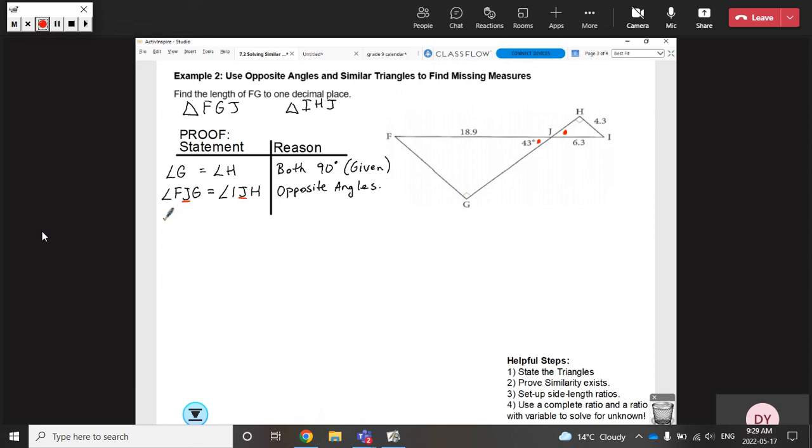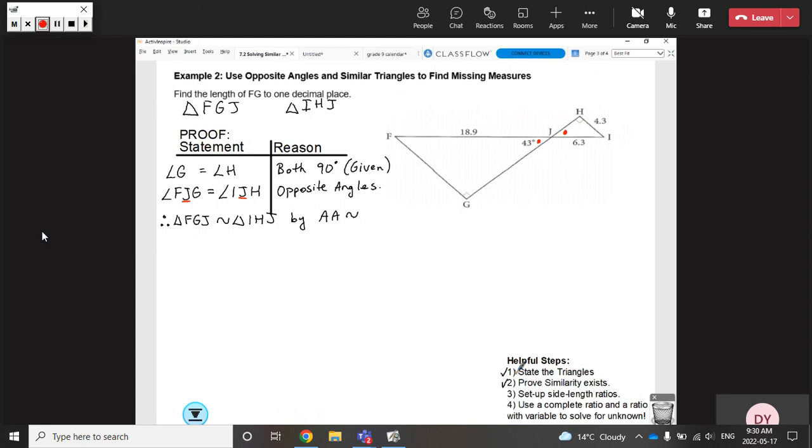So now we can say, okay, therefore, triangle FGJ is similar to triangle IHJ by angle-angle similarity. We know that these triangles are similar because of angle-angle similarity. So we stated the two triangles at the very top, and we have proven that similarity does exist.